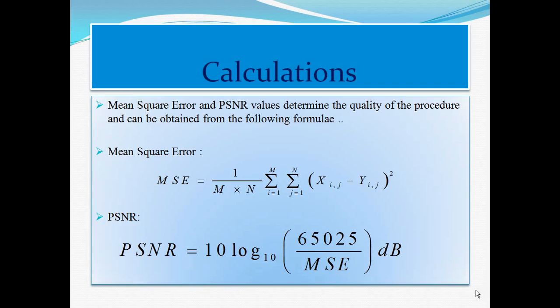As you remember, the main emphasis in our project was on the mean square error, the PSNR values, and the hiding capacity, and hence PSNR forms an important part. PSNR is calculated from the above formula.